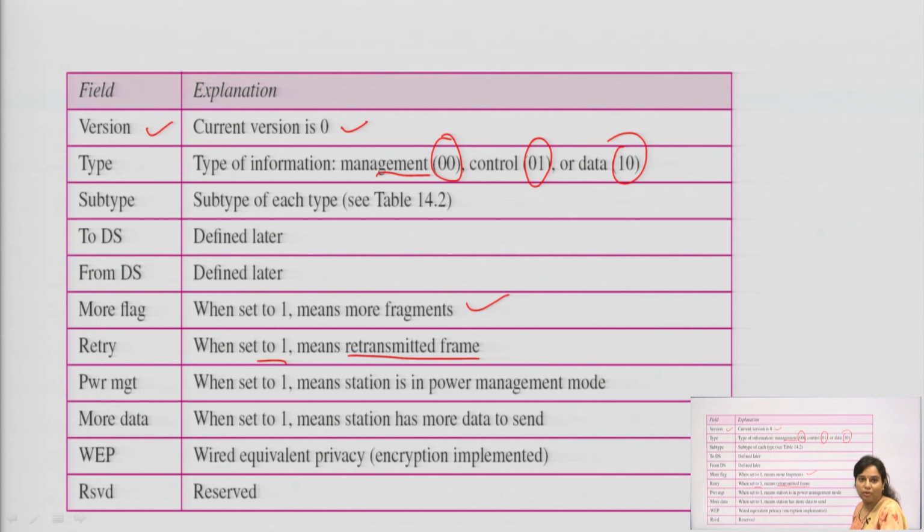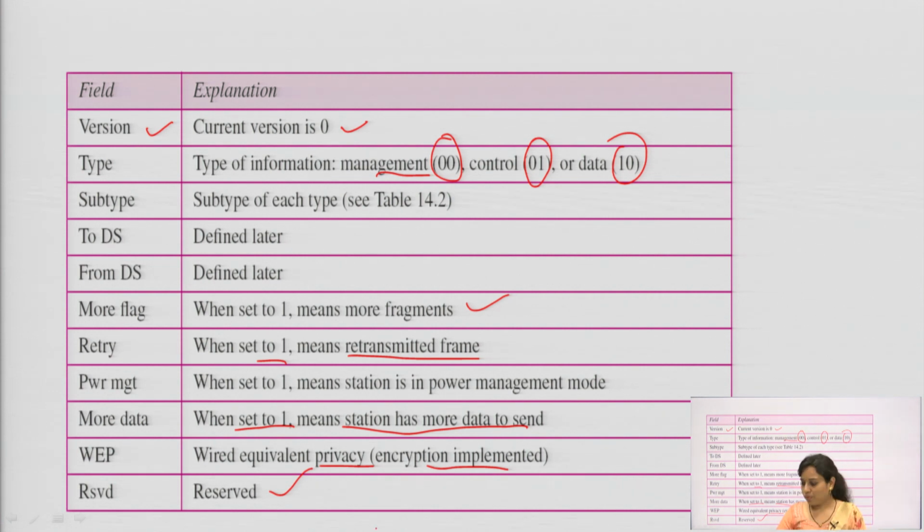This is the basic rule of digital, you know it. If it is 1, then power management will be there; if it is 0, then no power management. More data, when set to 1, means the station has more data to send. WEP means wired equivalent privacy, that is the encryption implementation, and RSVD means this is a reserved bit.